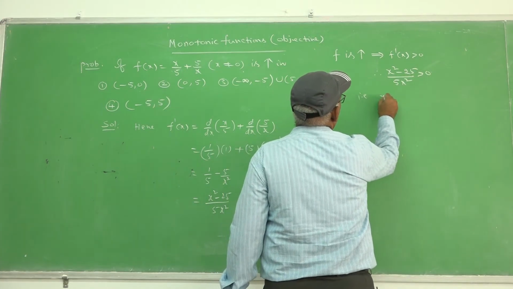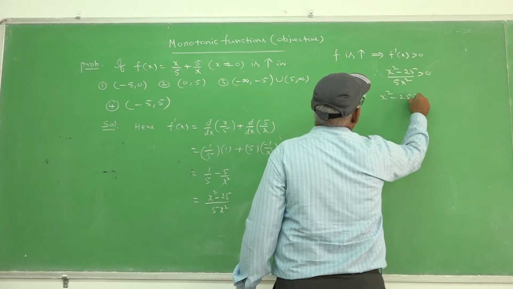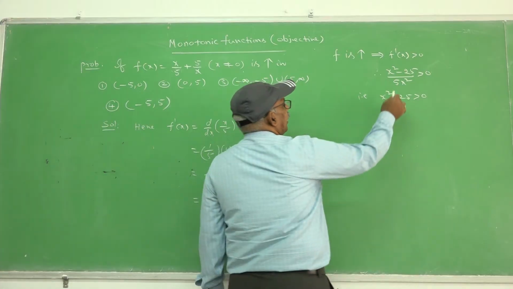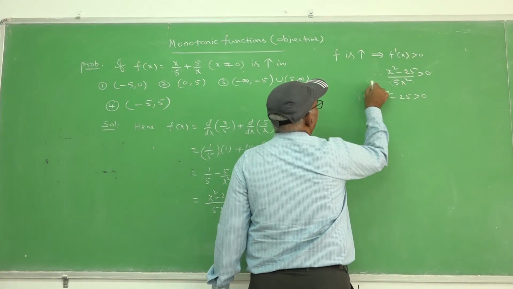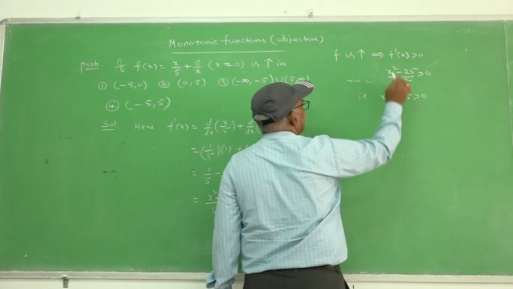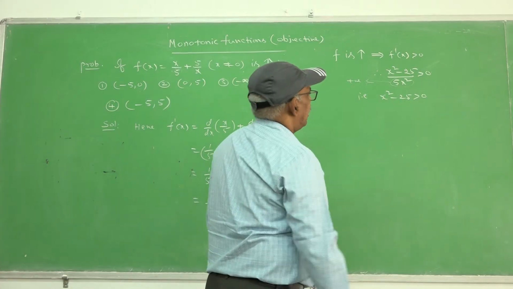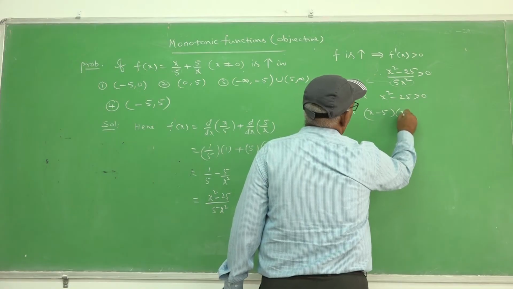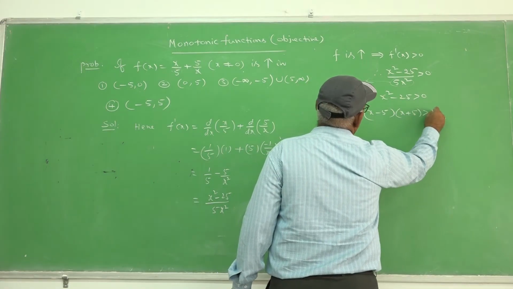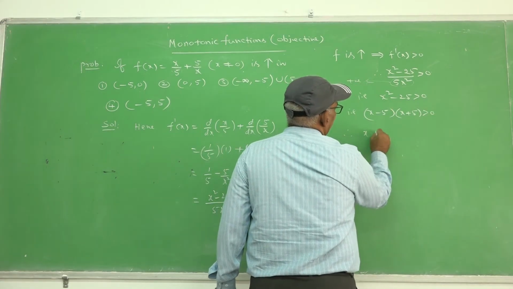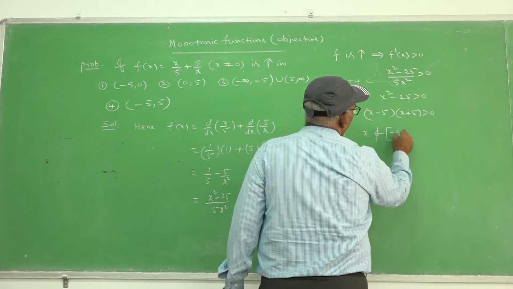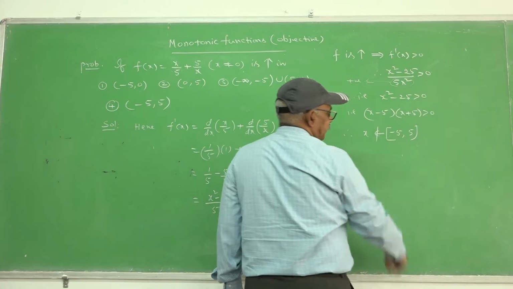That is possible when x square minus 25 is positive because the denominator is positive. So that is x minus 5 into x plus 5 is positive. Hence, x does not lie within the interval minus 5 comma 5.